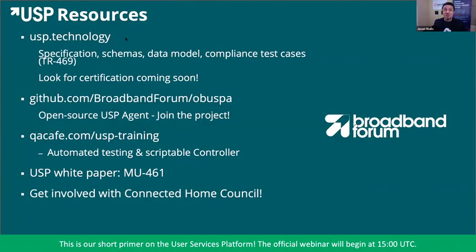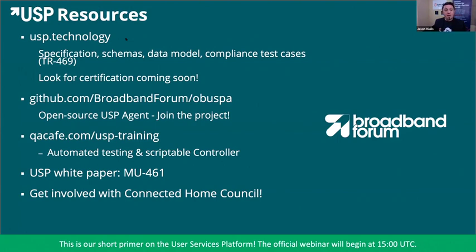Okay, that is a quick summary of USP. Here's some resources that we put together. You can find the entire thing on usp.technology. Look for a certification coming soon, but there you can find the specification, the protocol buffer schemas, the data model, and the test cases.